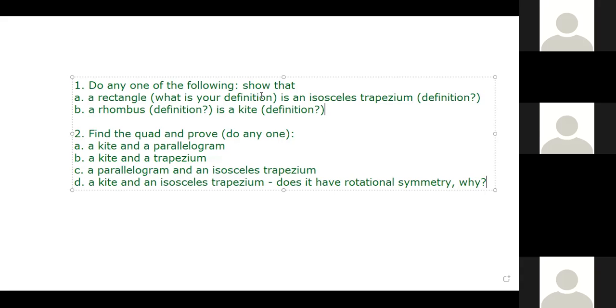And the second one, the isosceles trapezium or kite, that is what you need to achieve. That's where you need to go.